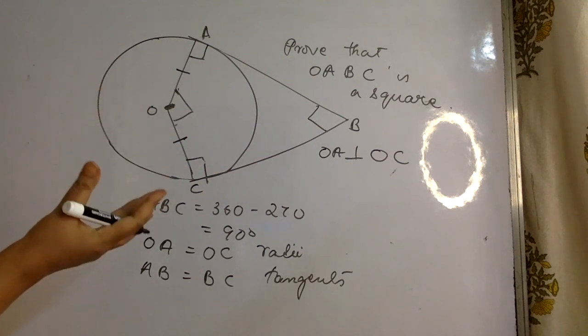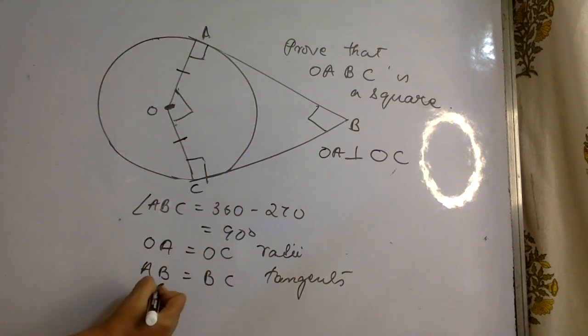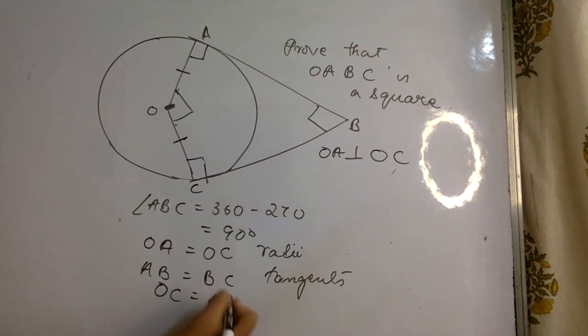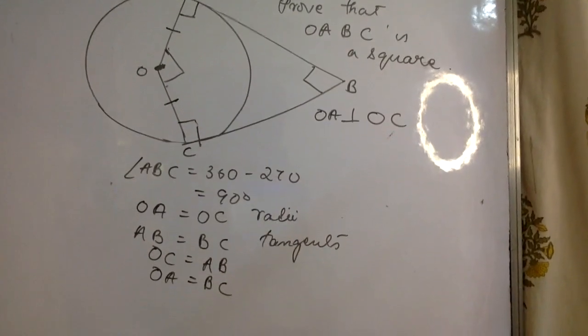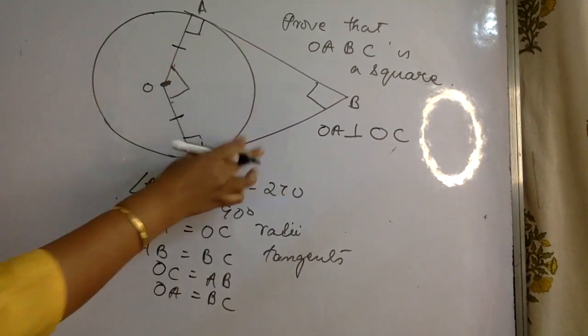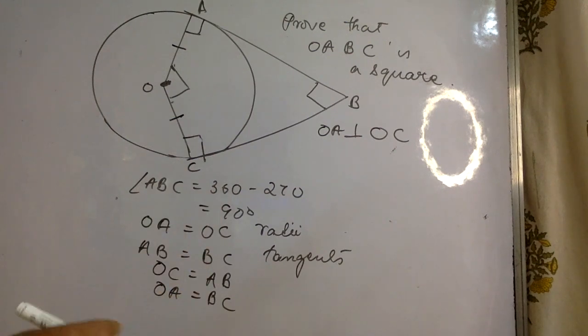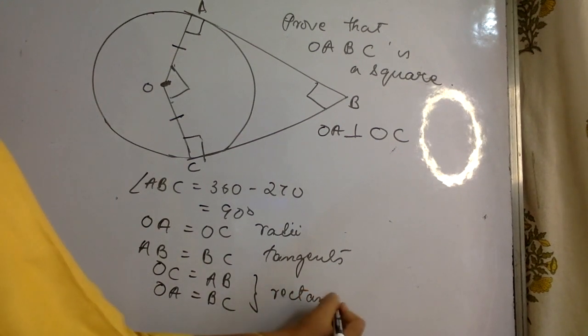Now if it is a rectangle, then it has to be that OC is equal to AB, and OA is equal to BC, right? So OC is equal to AB, OA is equal to BC. Opposite sides are equal, that we know because all four angles are 90 degrees, which means it is a rectangle.